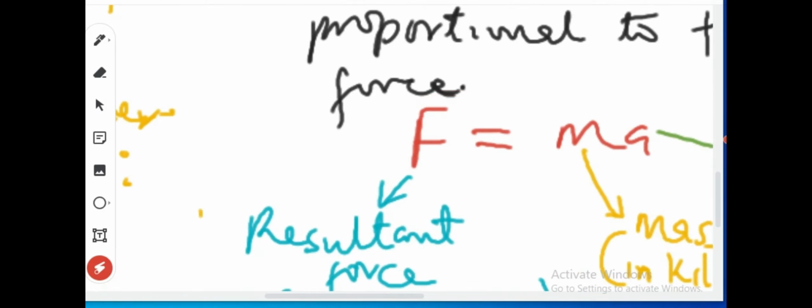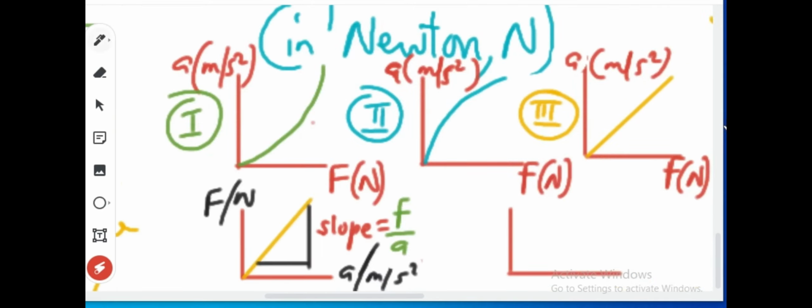You saw the formula: F over A will give you mass. So the slope is mass. Did you get that? Yes, sir. The slope will give you mass.